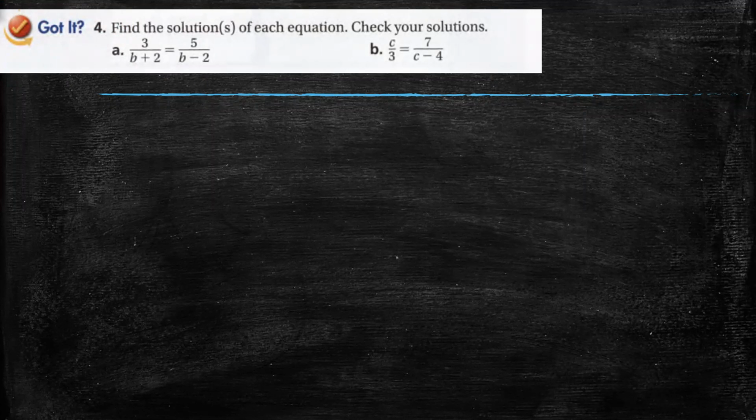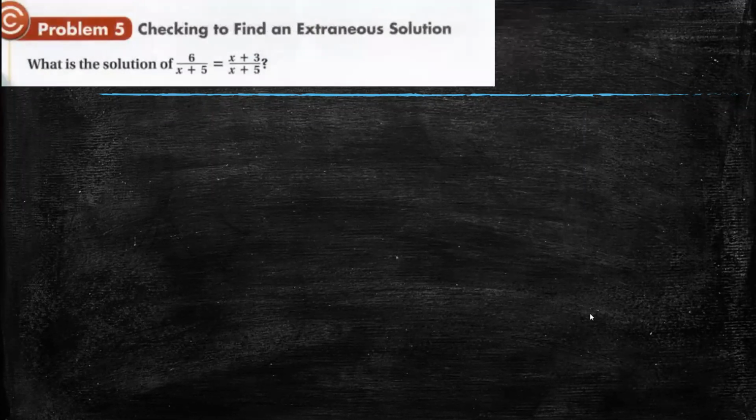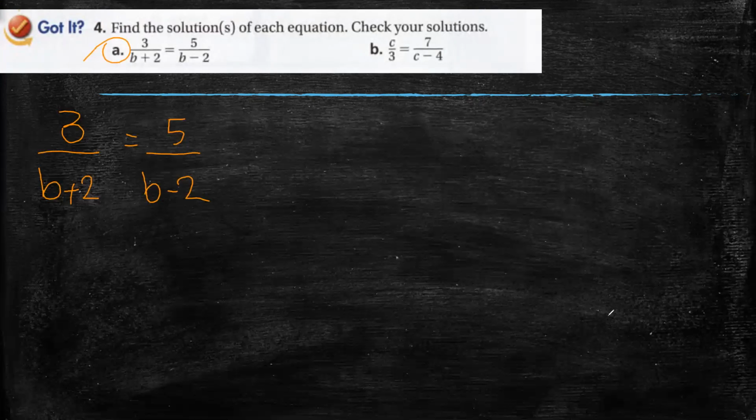Now let's solve A. 3 over b plus 2 equals 5 over b minus 2. As I told you, since we have two expressions that are equal, you have to use the cross product.